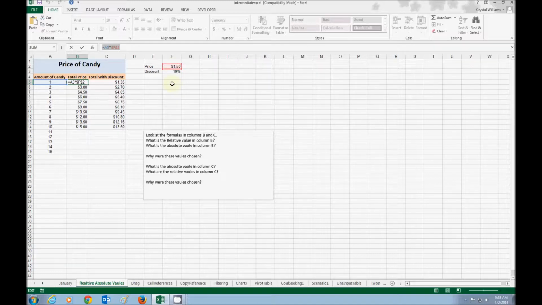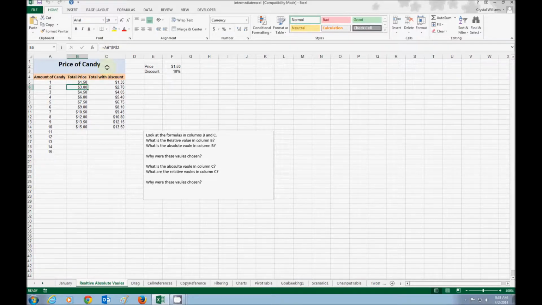So every time we want to find the total of the price of candy, we have to multiply the amount of candy by this price. It always has to point to this cell with this value. In cell B6, again we see a relative value, A6, and $F$2, because it's an absolute value with the dollar signs, has not changed.